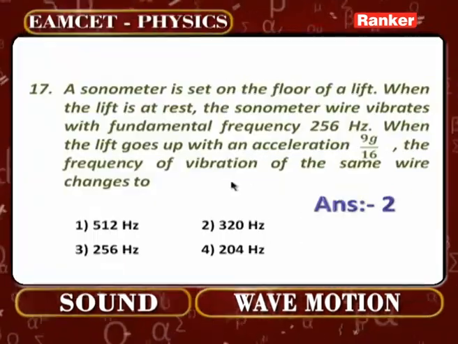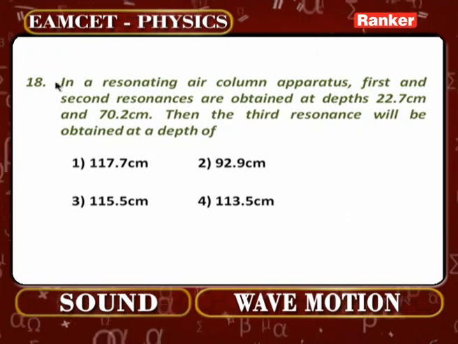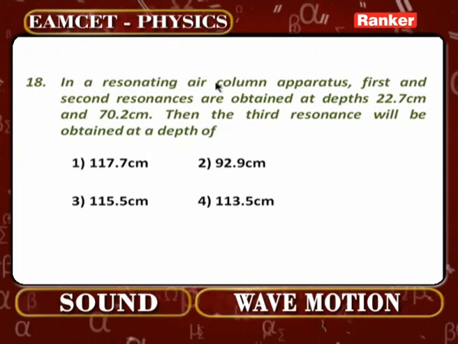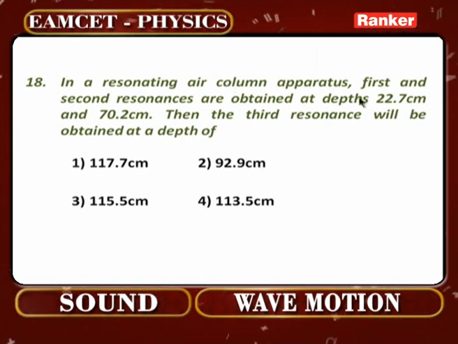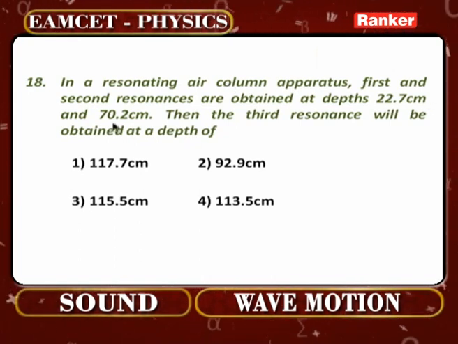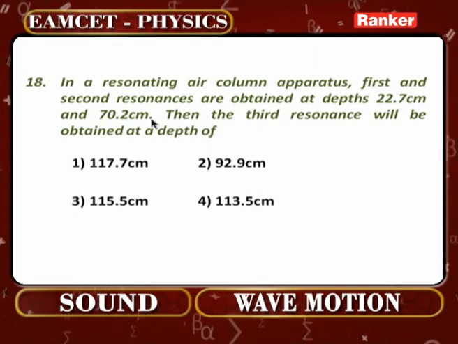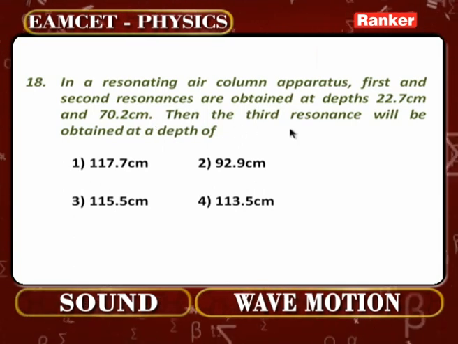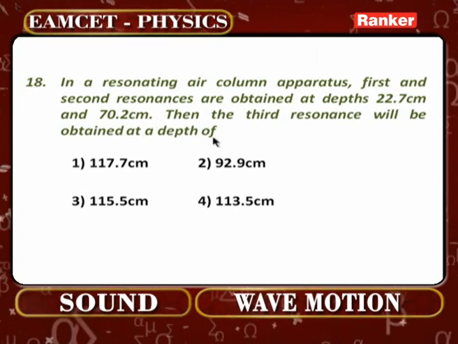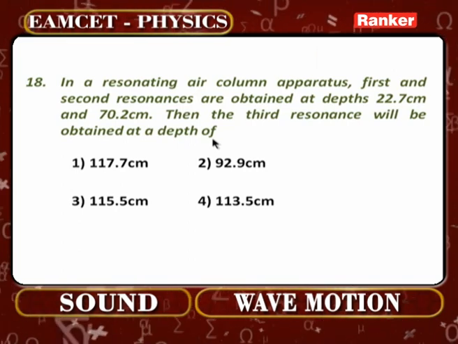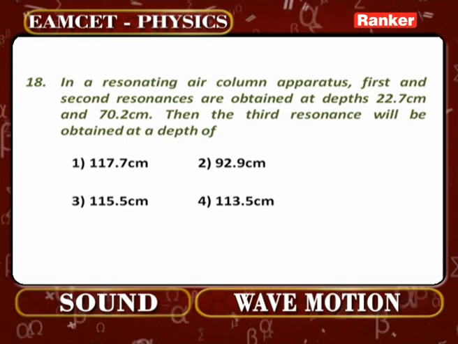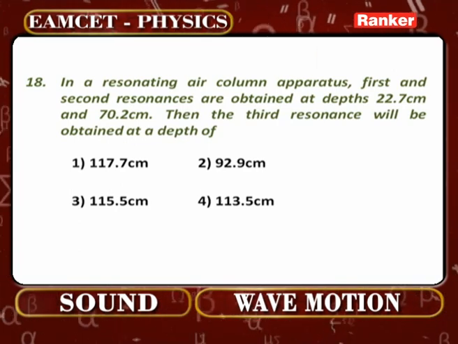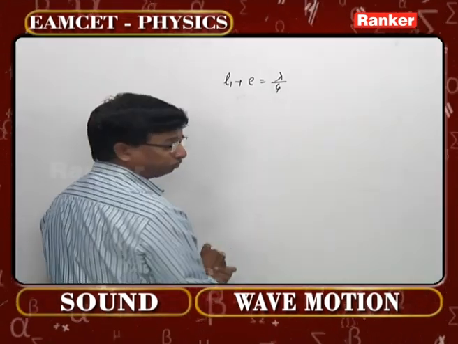Look at the next one, that is question number 18. In a resonating air column apparatus, first and second resonances are obtained at depth 22.7 centimeter and 70.2 centimeter. Then the third resonance will be obtained at a depth of what? That is the concept. You can all understand, in the case of a resonating air column apparatus, L1 plus E must be lambda by 4.